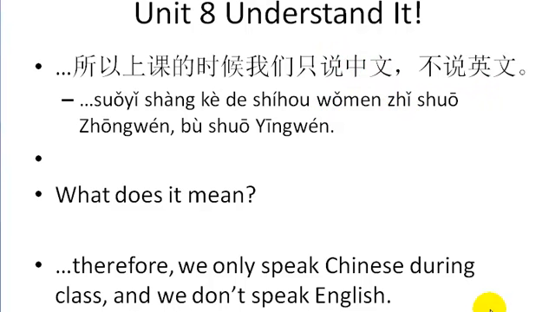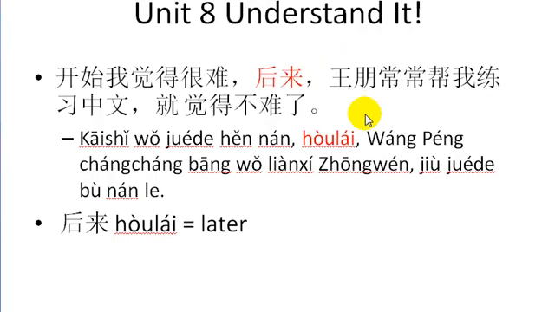Okay, in the next sentence we have 开始我觉得很难，后来王鹏常常帮我练习中文，就觉得不难了。Okay, so remember in the previous sentence, she just explained that the teacher doesn't speak English, so they only speak Chinese in the class.